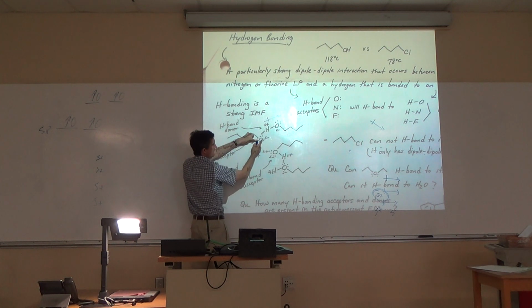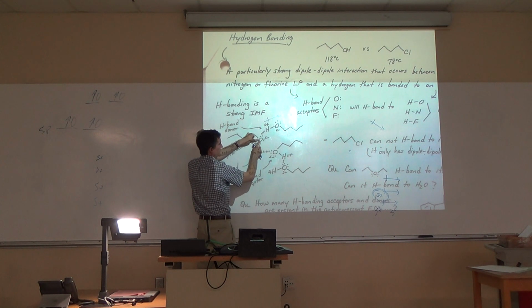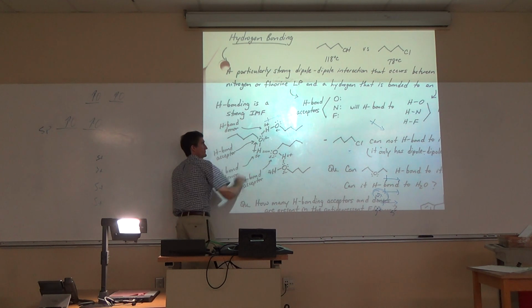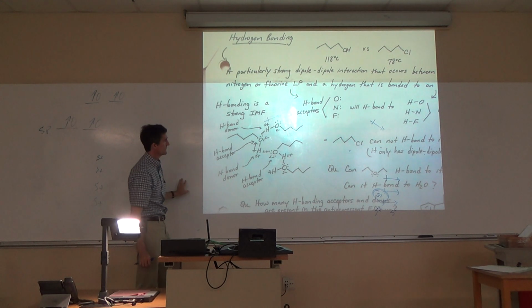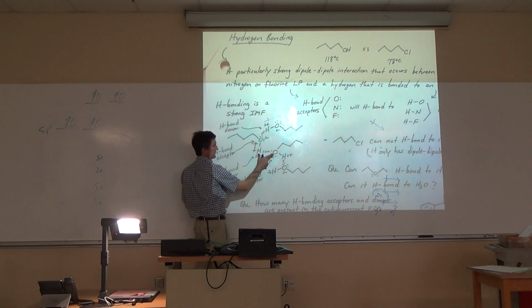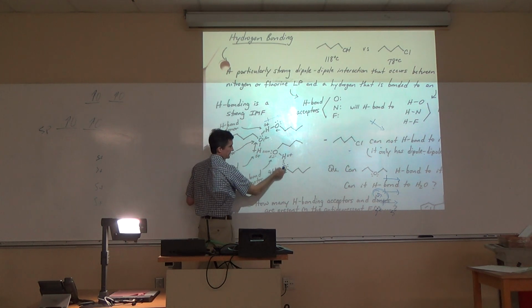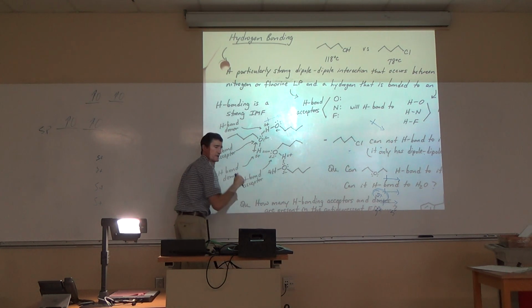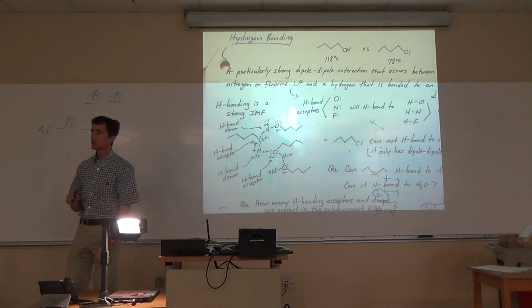Then the lone pair of another molecule on the oxygen can form an IMF to that. And that's called a hydrogen bond. And then you can have a hydrogen bond between this oxygen and the H on this molecule, etc. We're showing the IMF with the dashed line, a non-covalent interaction.